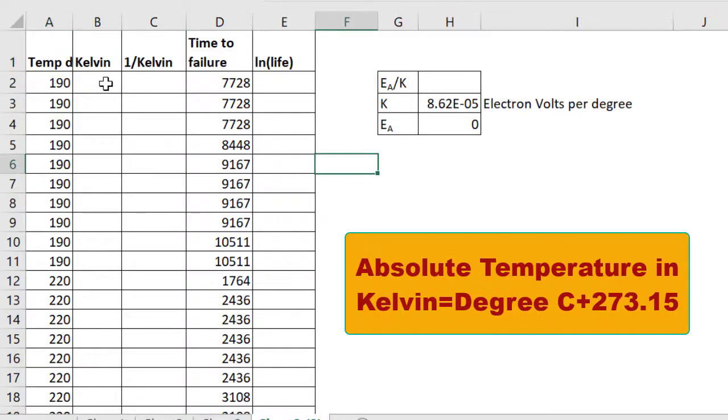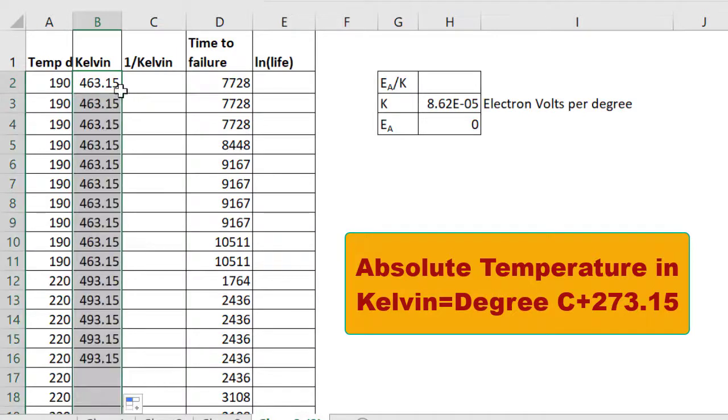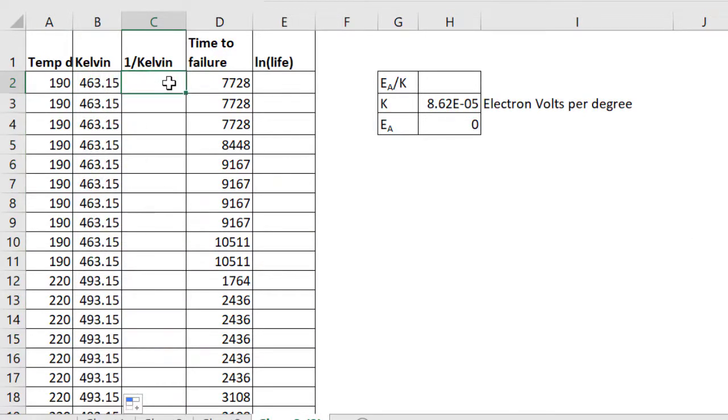Now if I want to convert this into Kelvin, I need to add 273.15. So I select the cell and add 273.15 to get the Kelvin values. And as per the Arrhenius equation, we have to use the 1 upon Kelvin value. So we say 1 upon Kelvin.